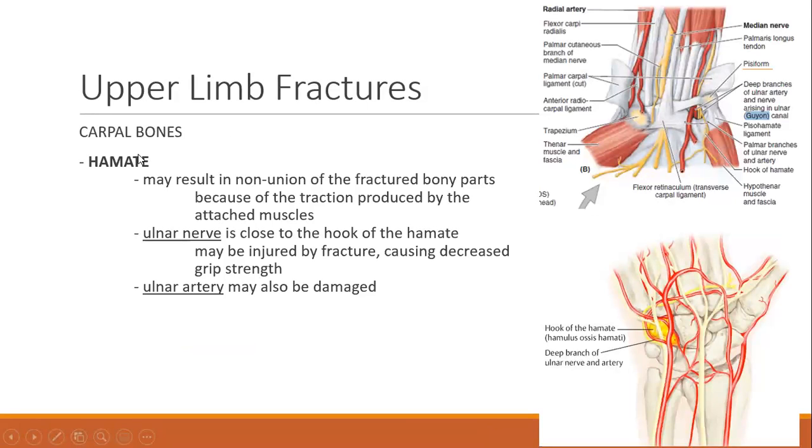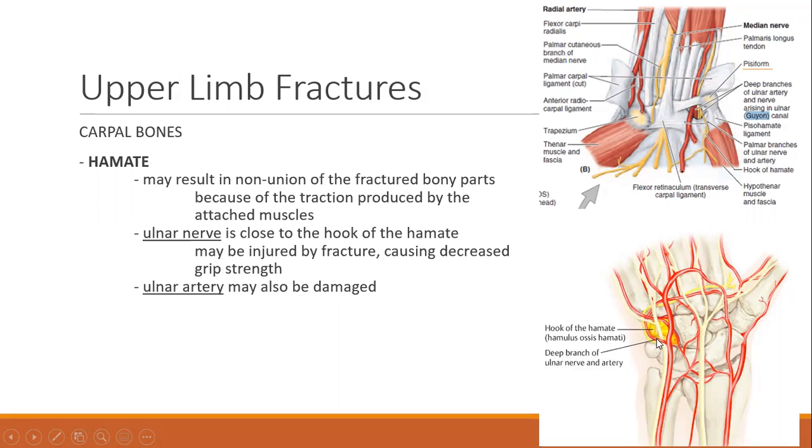Now, when it comes to the hamate and its hook, you have your ulnar nerve and artery passing by the hook of hamate. So if you ever fracture the hook of hamate, there's a chance that you could damage the ulnar artery and nerve passing by that area.